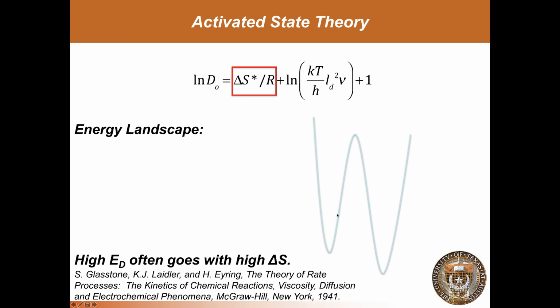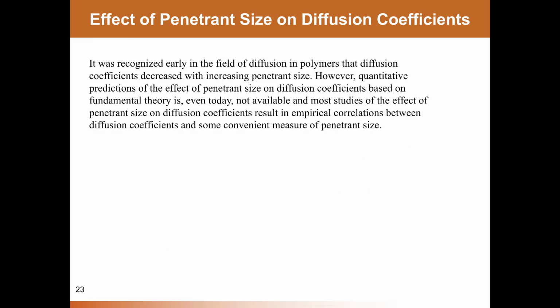As this value goes up, then the delta S star, the activation entropy, tends to be smaller, and that then gives rise to the correlations we've been talking about. A lot of this is borne out by molecular simulations on polymers now, but this particular topic, that is the definition of this linear free energy relation, is still one that is not completely ironed out in the literature.